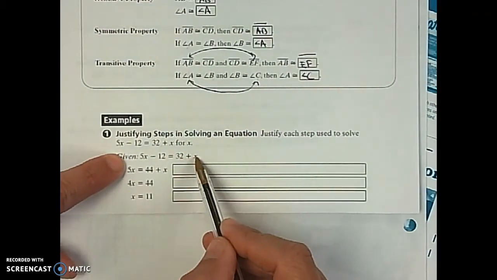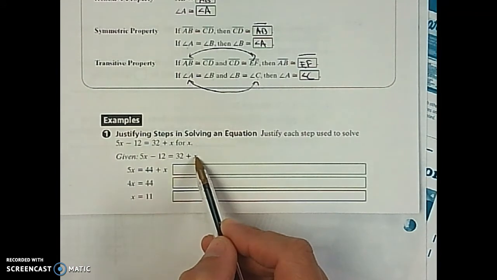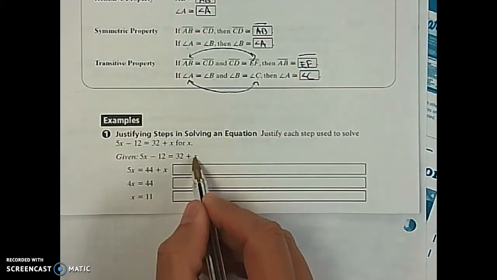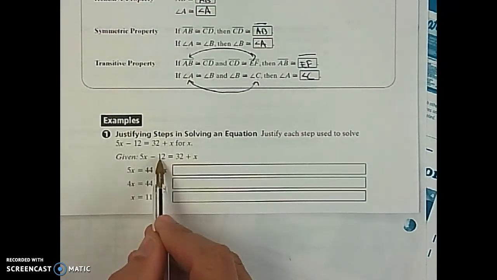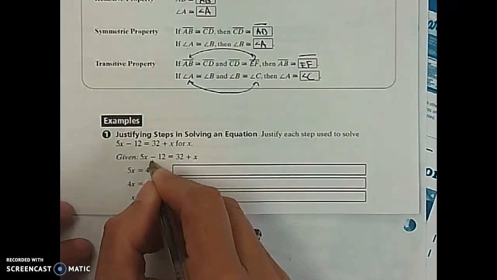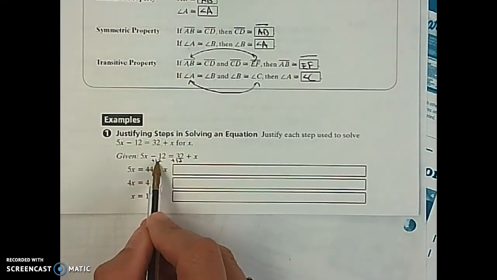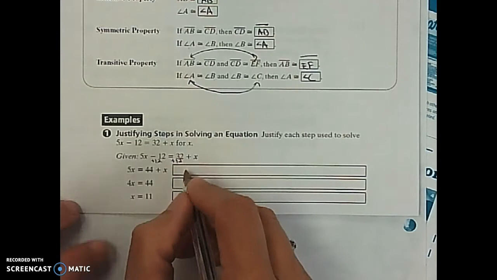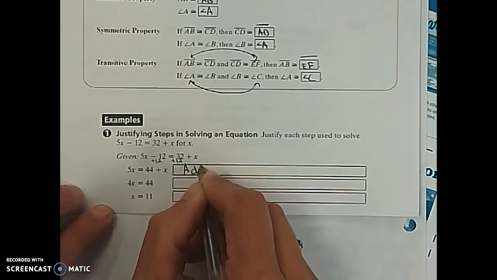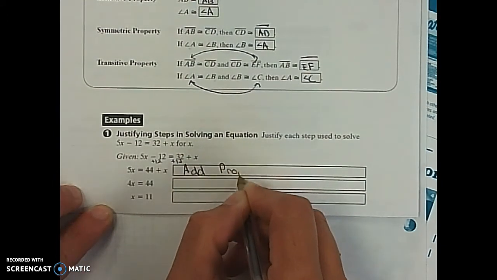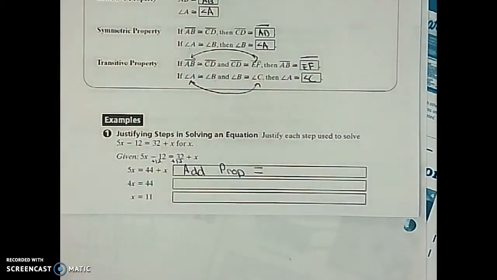So here's your original equation, and we want to figure out how you would solve it. That's what I sometimes suggest. If you're going from here to here, one step you might see is adding the 12, and that's exactly what they did here, and that shows you what property it is. It is the addition property of equality, and we're going to do a little bit of abbreviation.